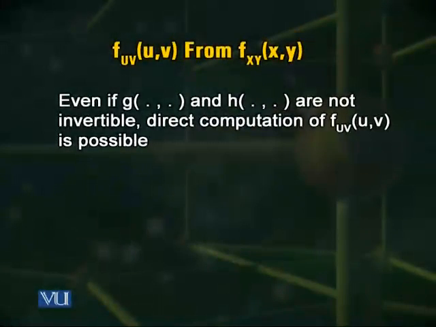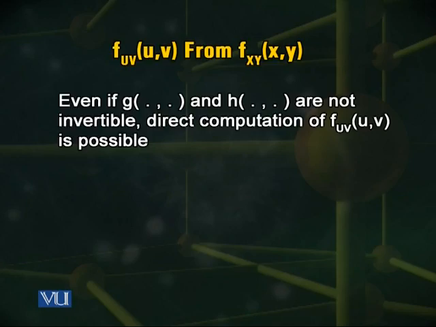But we can still apply these techniques if these mappings are non-invertible. Please note that we are transforming x and y, the underlying random variables, to u and v, the derived random variables. So it is okay for g and h to be the kind of mappings which map more than one point to a single point.